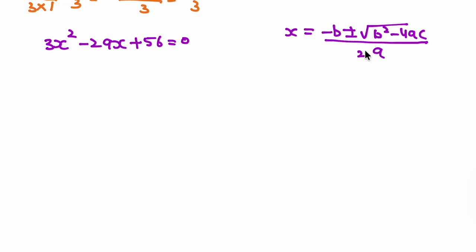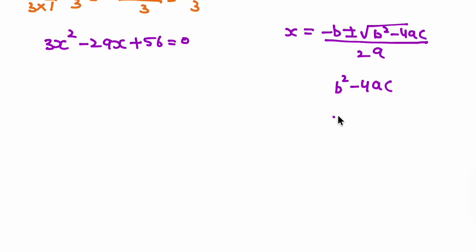Now, if you are comfortable, directly apply this formula here. But sometimes calculation errors happen, so we can calculate b squared minus 4ac separately and then plug it in. So what we have basically done is divide the calculation into smaller parts.